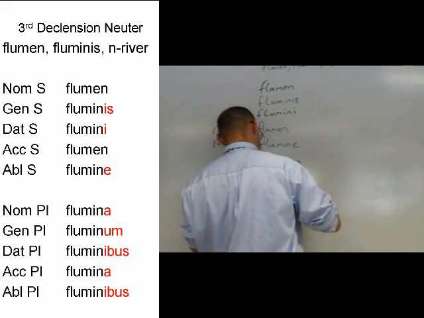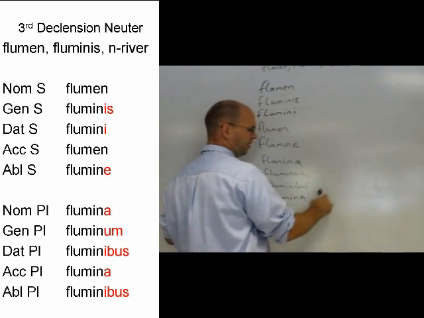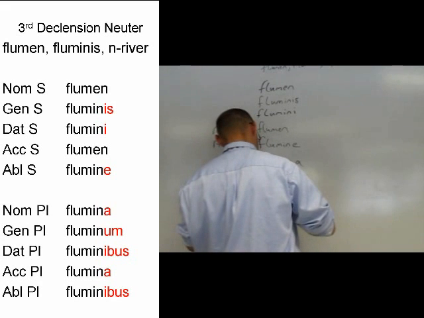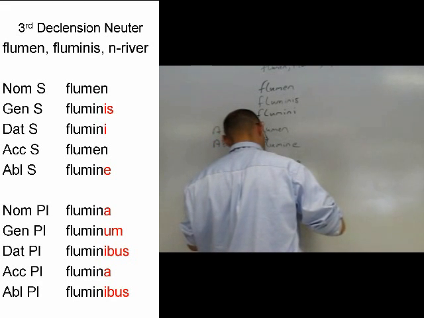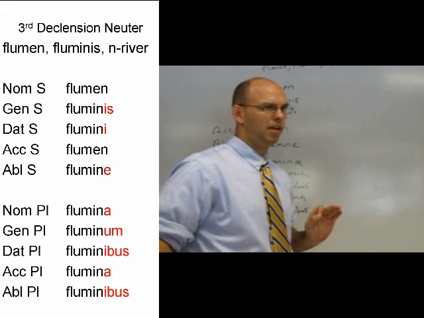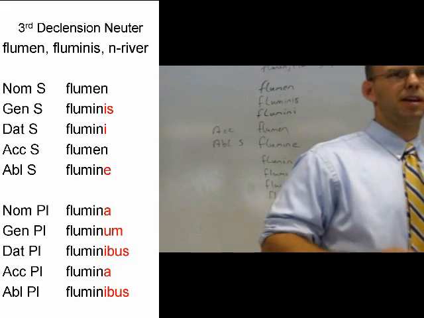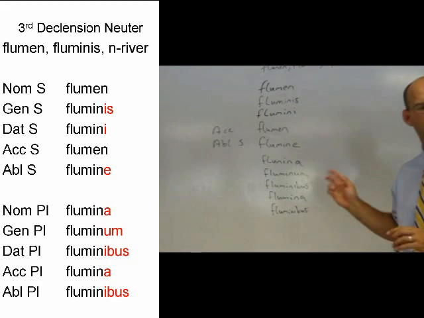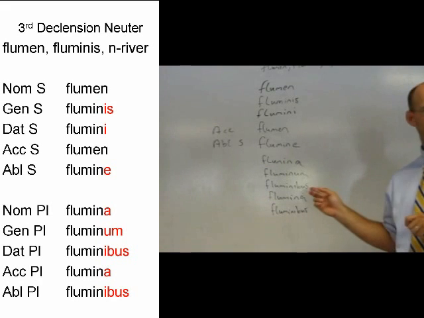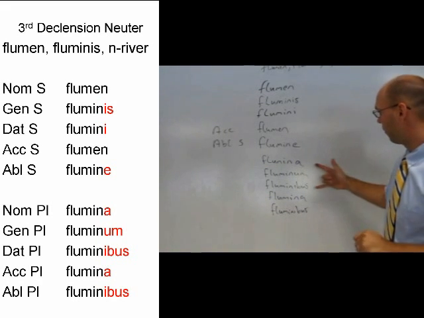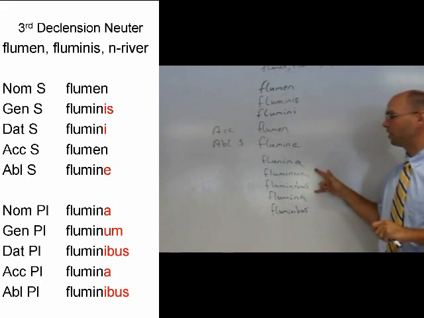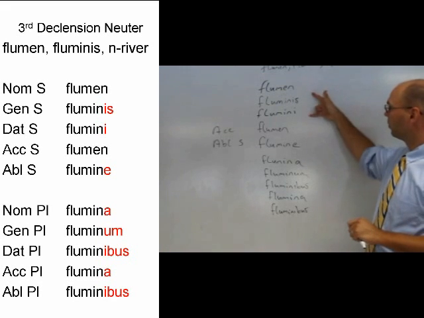And then the neuter law, again, flumina, nominative and accusative the same. And then fluminibus. So again, the neuter is almost exactly the same as the masculine and feminine, except for your nominatives and your accusatives. Those will be different.